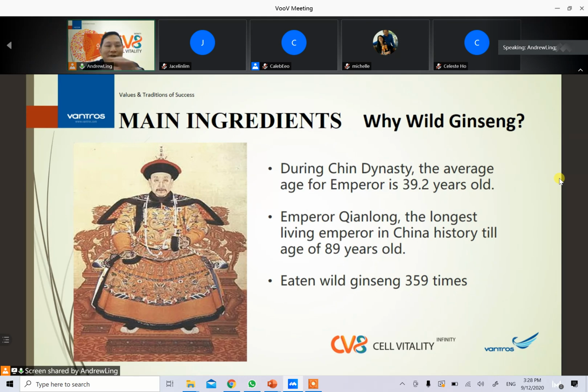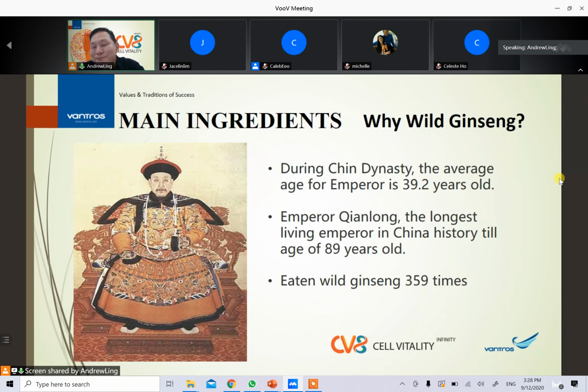However, there was one emperor who lived the longest in Chinese history, Emperor Qianlong. He lived until the age of 89 years old.